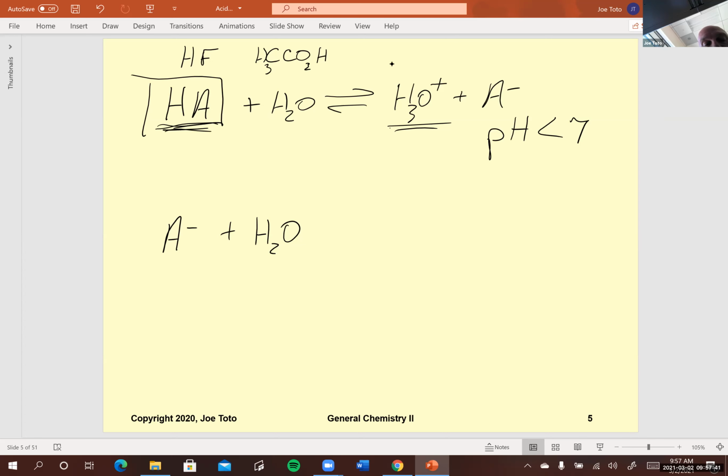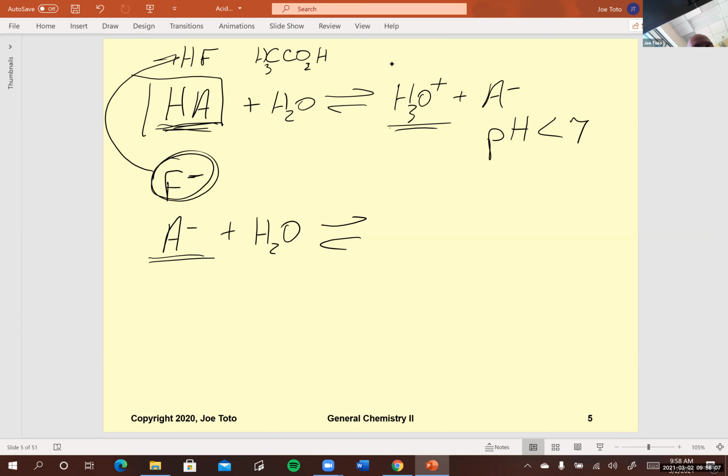Now, the question is, why would you think this would be greater than 7? Well, first of all, if we were using the analogy with HF, this would be F minus. You can recognize that as the conjugate base of HF because we just defined it as a conjugate base. So if we put a base in water, you would expect it to do what a base does according to Bronsted-Lowry, which is to accept a proton.